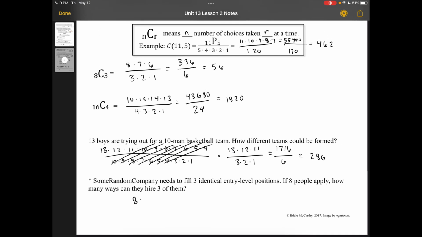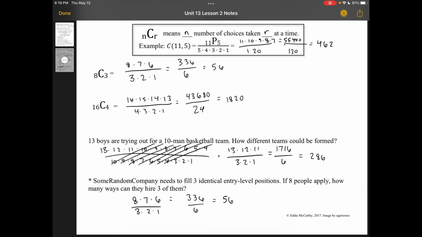But we have to divide that by 3 times 2 times 1 to get rid of any duplicate permutations. And that's going to be 336 divided by 6, which is 56. And that's our answer.